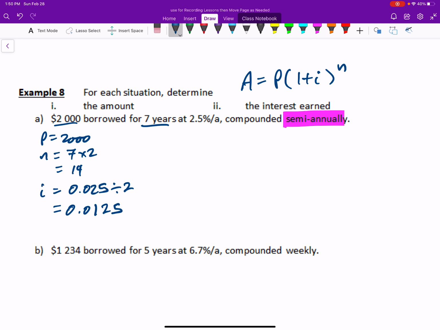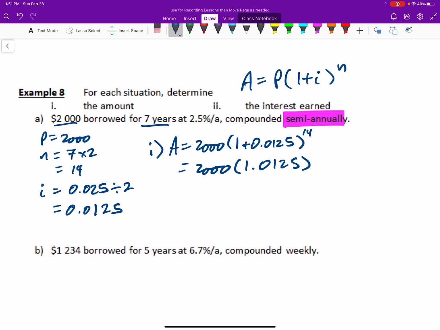So if I want to get the final amount, this is part I, then A is going to equal 2,000 times 1 plus I, to the exponent n. Normally I'll just combine them all at once because it's pretty obvious. Instead of writing 1 plus this, I just write 1.0125, because obviously when I add 1 to some decimal with 0 at front, the 0 just becomes a 1.